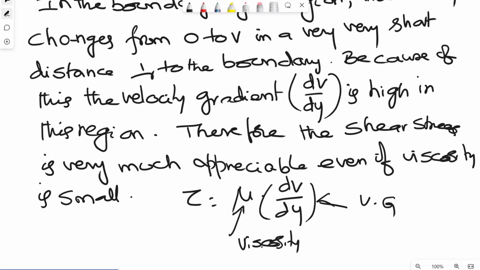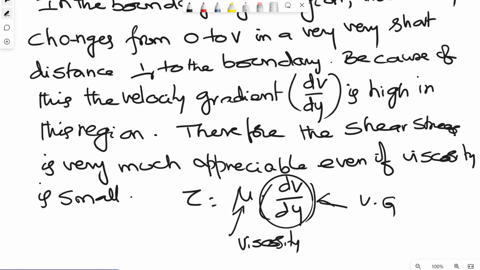But still, actually, this dv by dy is very large, because velocity is changing from 0 to v in a very short distance. What is the gradient if I take it? The change in velocity divided by the vertical distance. That means change in velocity is from 0 to v, so v divided by that vertical distance, which is very, very small.